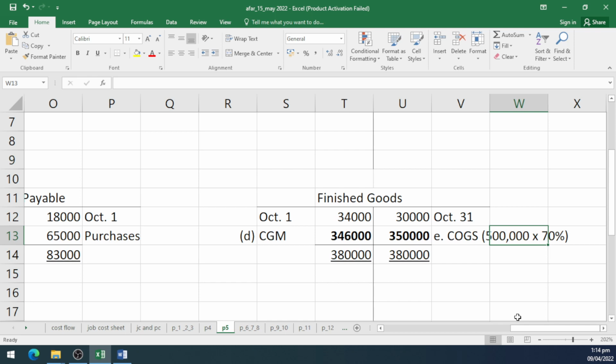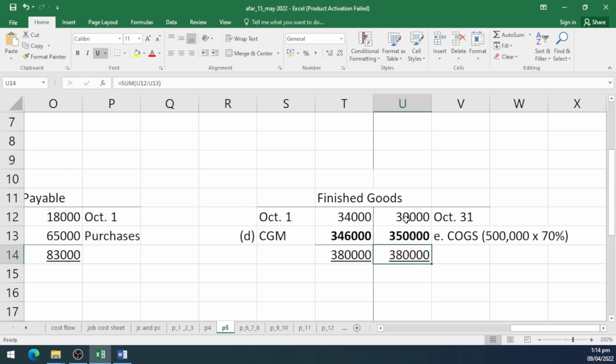So, using the finished goods account, we will reconstruct the cost of goods manufactured. Beginning finished goods is 34, ending finished goods is 30, and then we can compute for our cost of goods sold, 70% ng 500. So, 350 po. Total credits, 30, 350, 380.